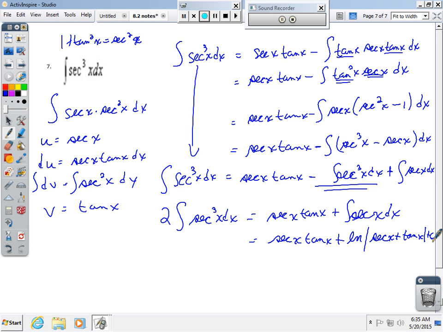And the last thing you have to do is, because we want to know what the integral of secant cubed x is, not twice it, so I have to divide everything by 2. So this answer is going to be basically this whole thing divided by 2. Okay? And that is your solution done.